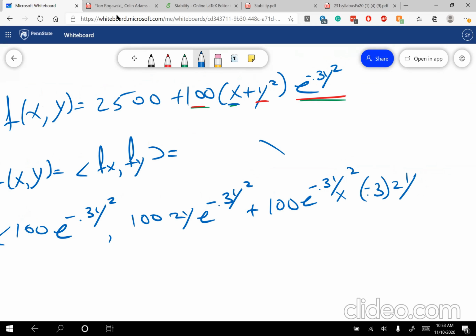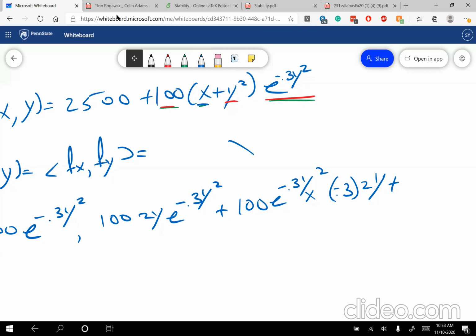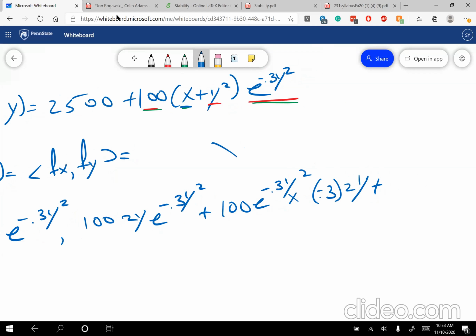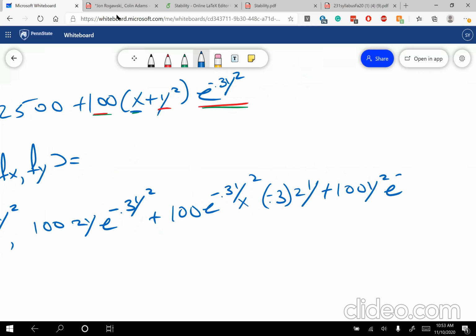And then we're going to have plus 100 times y squared e to the negative 0.3y squared times negative 0.3 times 2y.